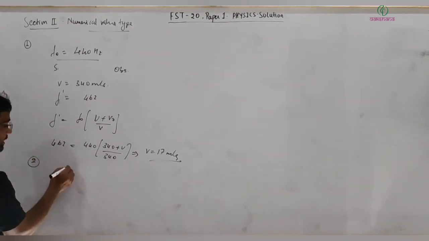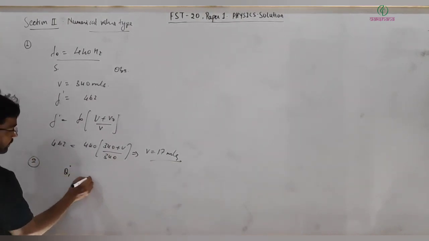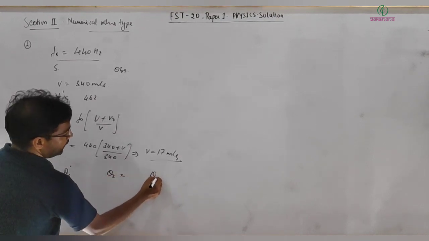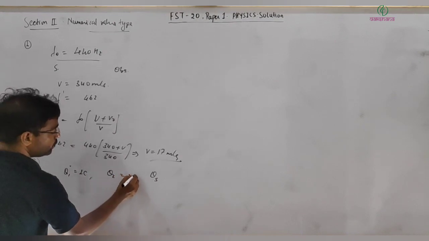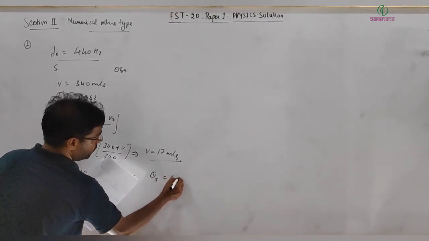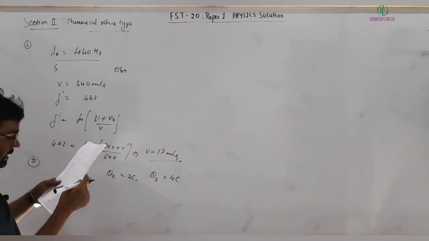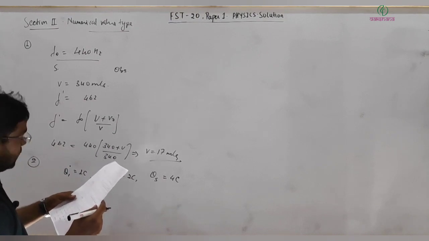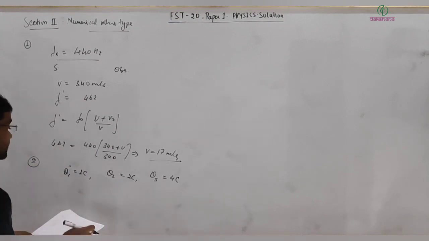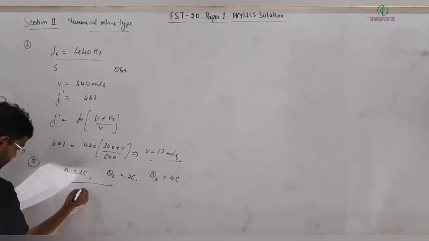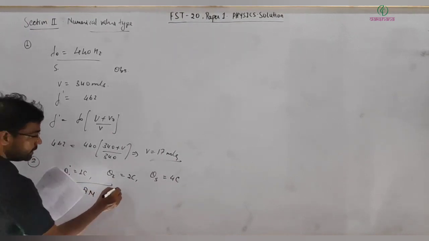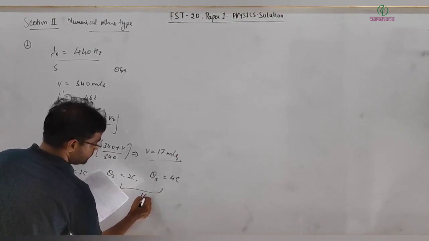Next, question number 2. Here three particles are there: Q1, Q2 and Q3. This is 1 coulomb, this is 2 coulomb, and this is 4 coulomb. So we have three particles having different charges, placed at different locations, so that the force between 1 and 2 is 8 Newton, and between 2 and 3 is 16 Newton.